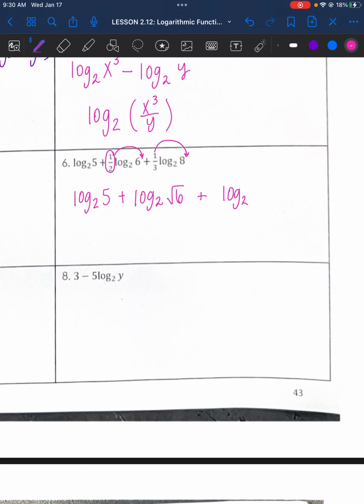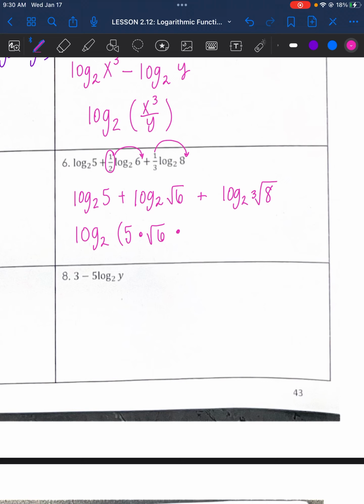A 1/3 power is the same as the cubed root. So this is log base 2 of 5 times the square root of 6 times the cubed root of 8.